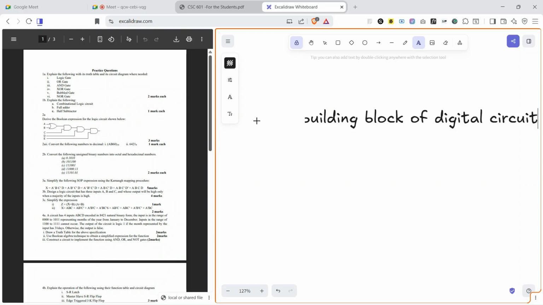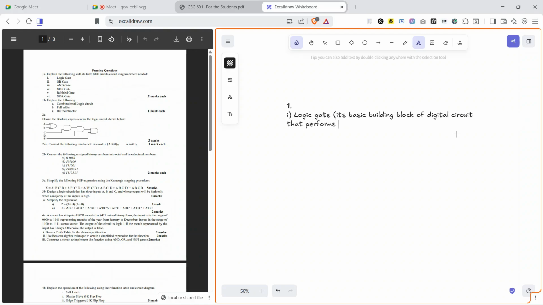Let me see how I can write this. Digital circuits that perform Boolean operations on one or more binary inputs to produce a single output.